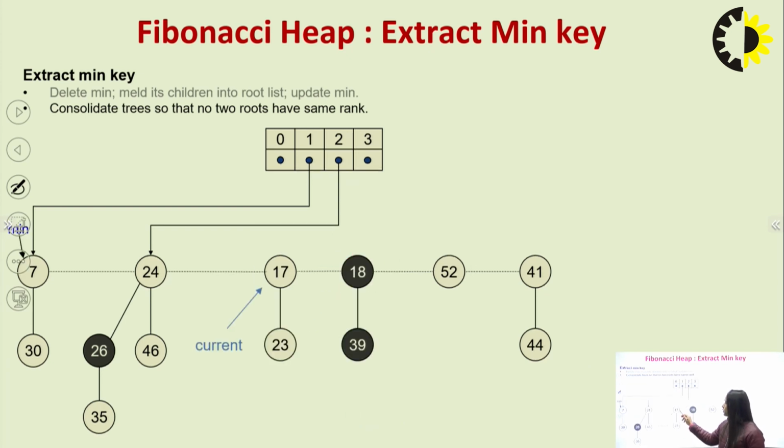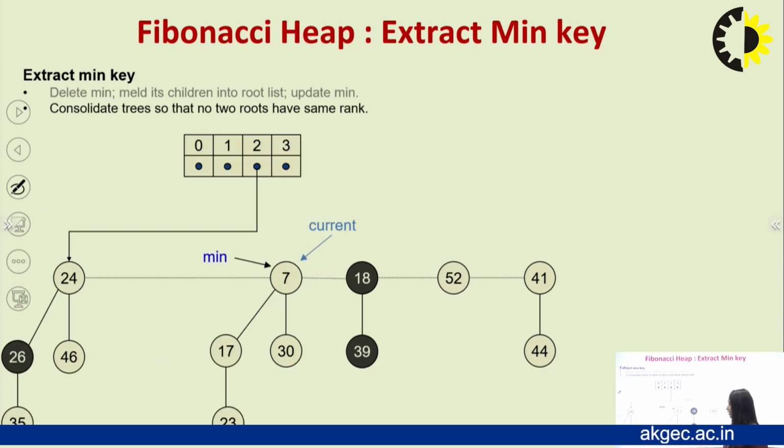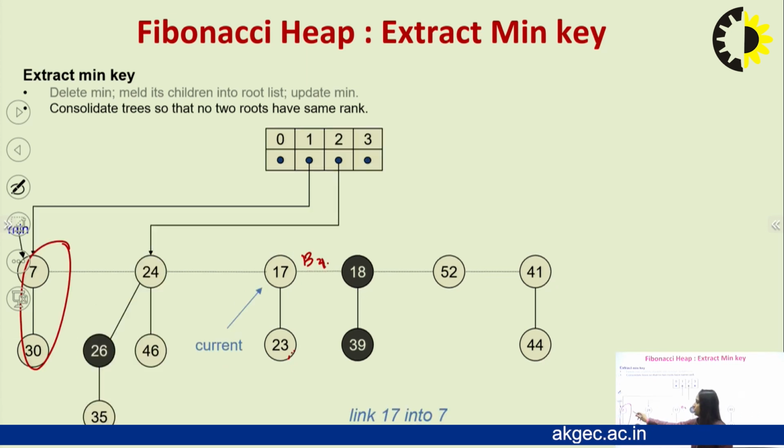So now 17 has 23 as a child. Now its order is 1, and I already point 1 to this tree. So how do I resolve this problem? See what I am doing: link 17 into 7, because 7 is the minimum key.